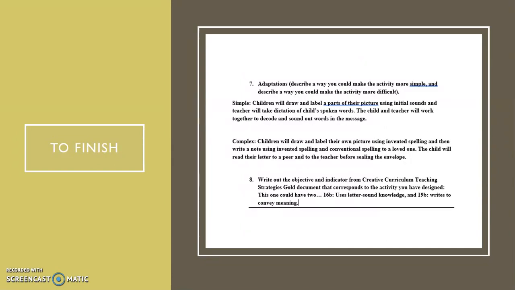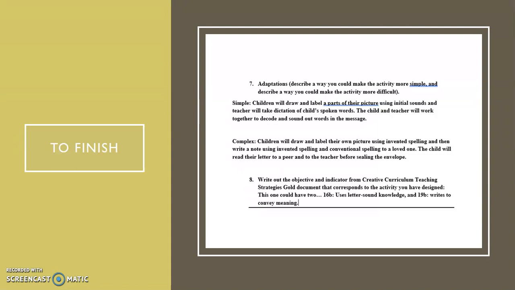The next section is the adaptation section, and this is where you're going to differentiate your instruction. You're going to state how you'll make this activity simple for children that are in need of a little more assistance, and how you'll make this activity more complex for the children who are ready for a little bit more.